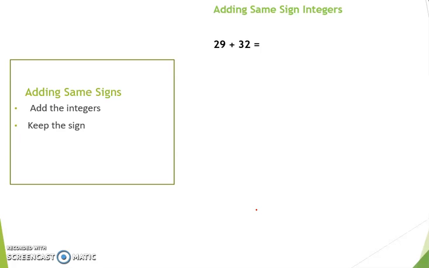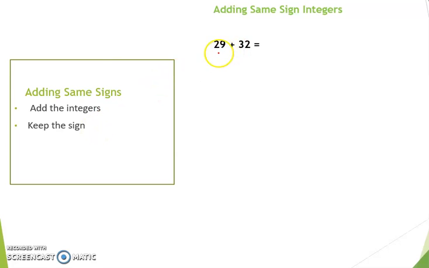All right, let's dive into adding same sign integers. So over to the left here, we have the rules to adding same signs. The first thing we're going to do is actually add the integers. After we get the sum, we're going to keep the sign because the signs are the same.